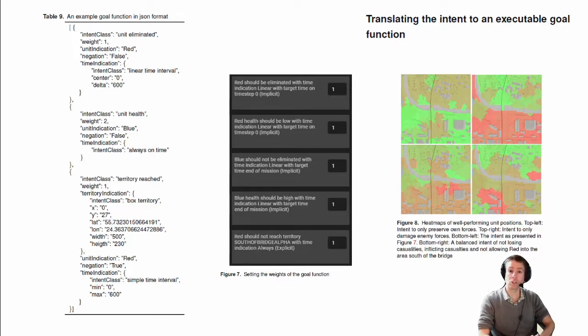The enemy is approaching from the north, by the way. On the top right, you're seeing an intent where the commander said that the most important aspect is to eliminate enemy troops. In this case, the reinforcement learning agent learned that you have to move your troops to the north side of the river because then you are more likely to engage the enemy.